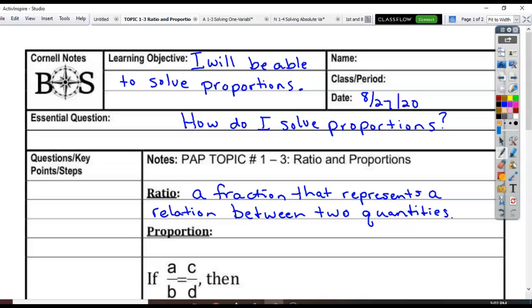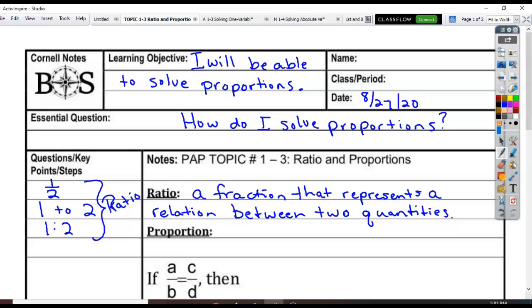Okay, basically it's a fraction. It can be written as 1/2, or you could say 1 to 2, or you could say 1:2. All of these symbolize a ratio.